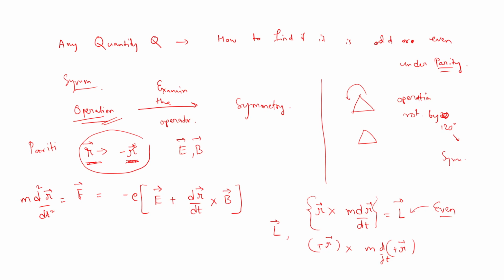Here it was r twice, so it got cancelled because minus times minus is positive. Yes, it depends on the power of r. So if someone asks how to check parity, there will be an expression containing r. You take r to minus r and then see if the expression changes or not. That is how you have to check. Okay, thank you, sir.